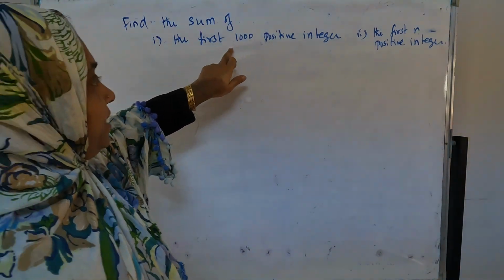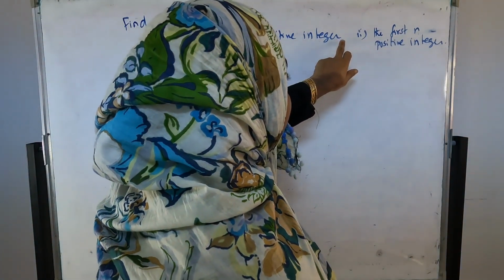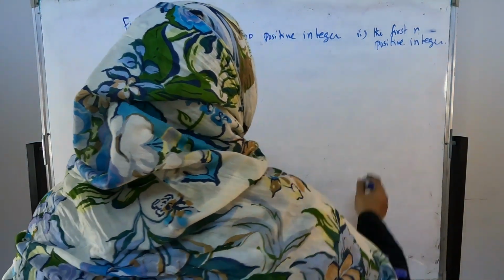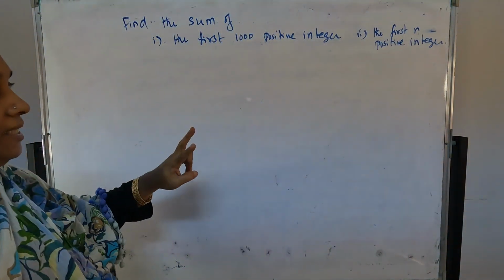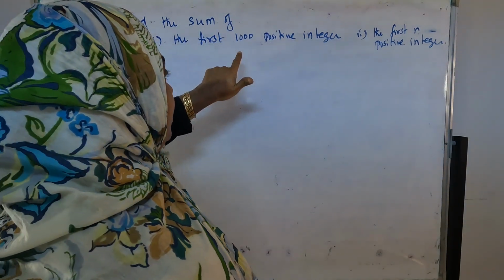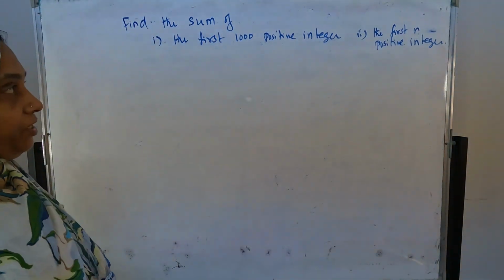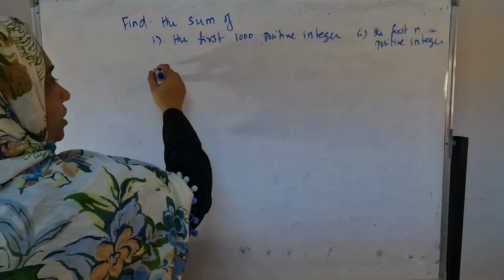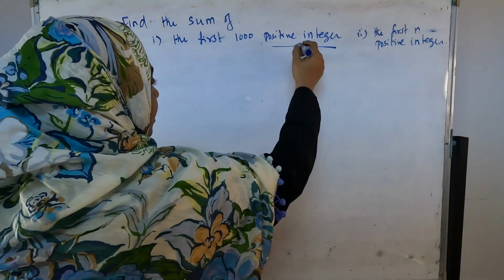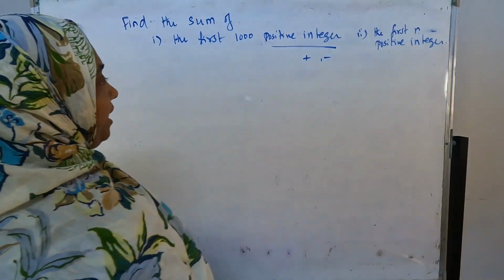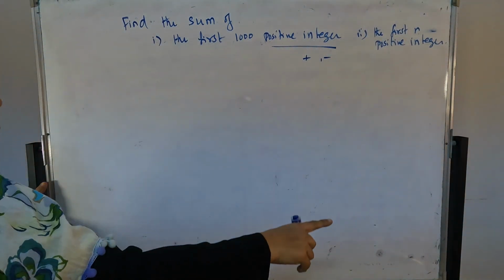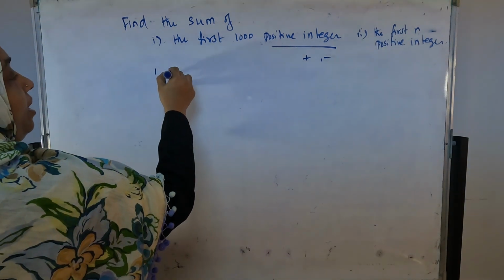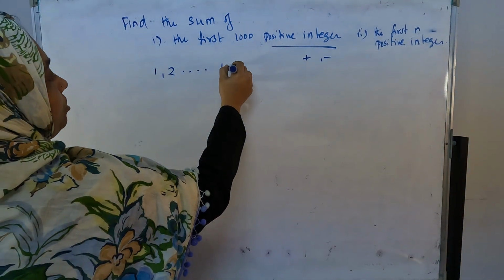Find the sum of the first 1000 positive integers as well as the first n positive integers. Two sums are there. Sum only they are asking. So first 1000 positive integers, so we will write. Positive integer only asking. Integer means plus and minus numbers will come, here they are asking only positive. So write 1, 2 up to 1000.